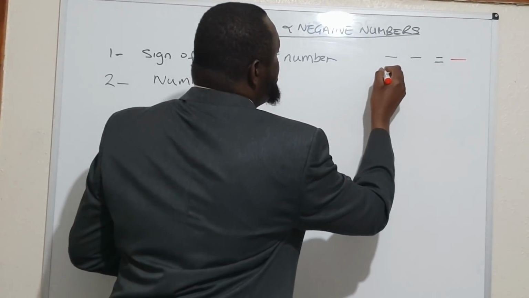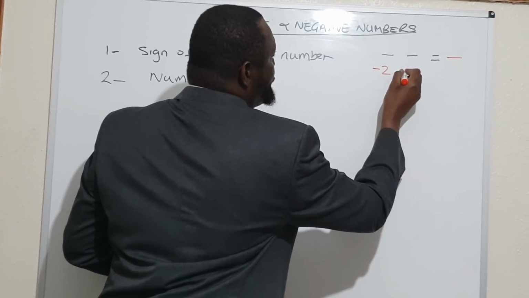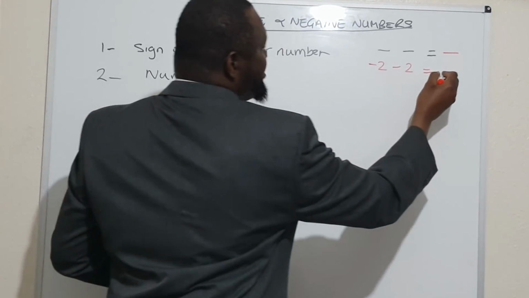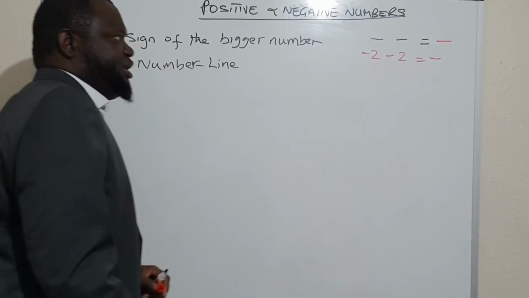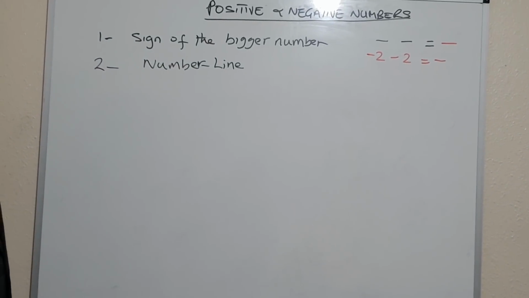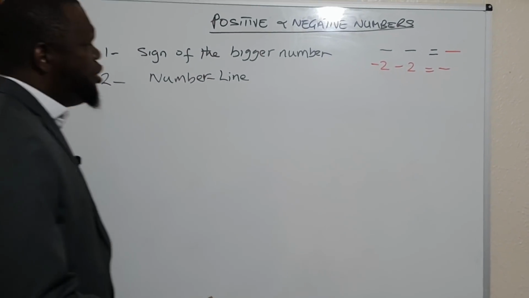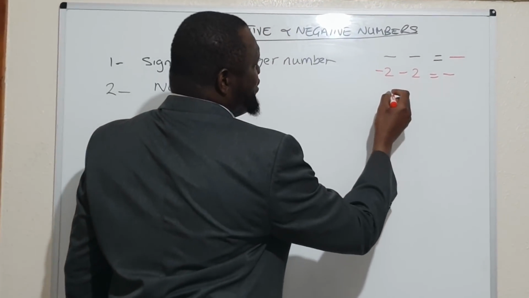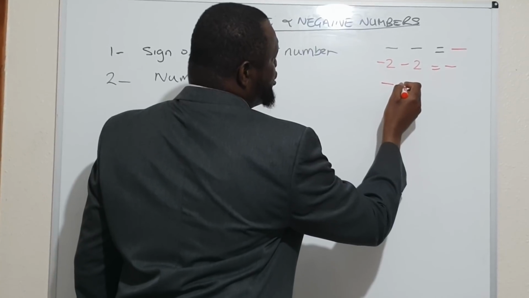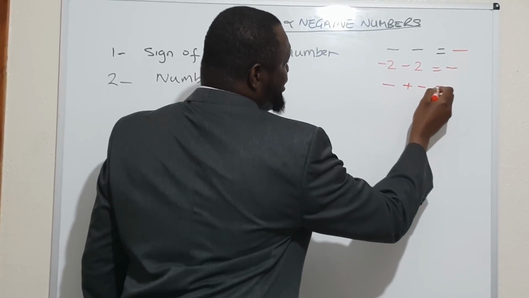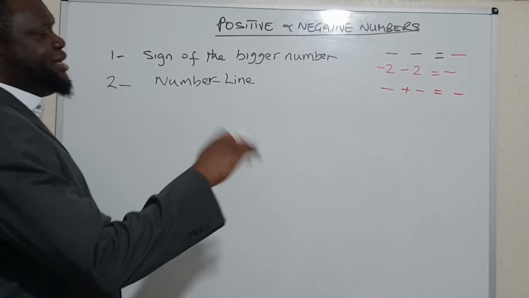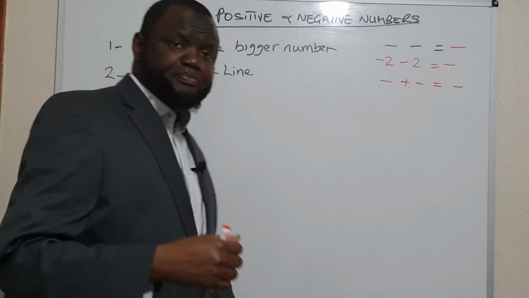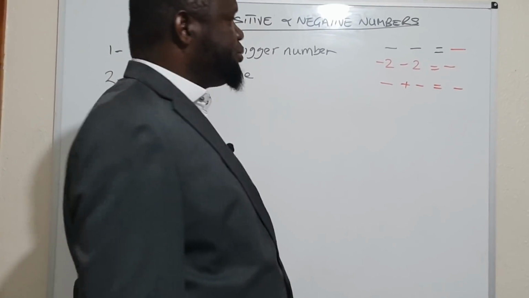An example is, let's say, minus 2 minus 2. Your answer will always be minus. Do you see? That's the first part. So basically, minus plus minus will always give you minus. Your answer will always be minus, irrespective of the number.